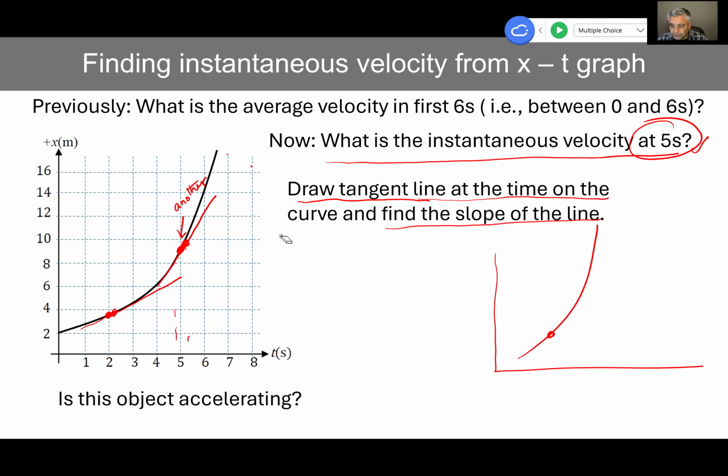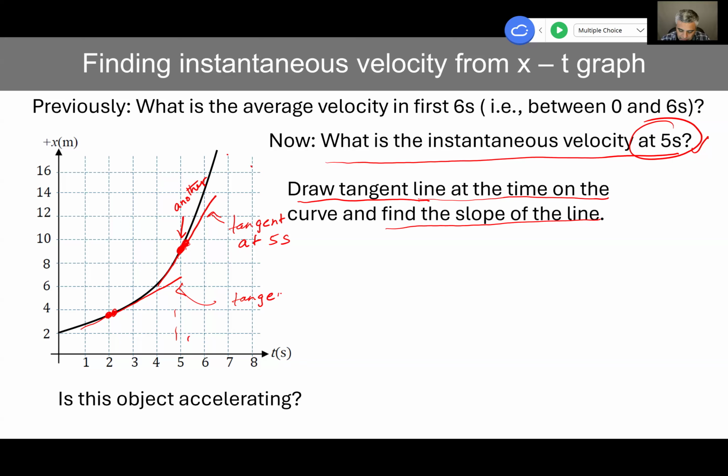Now, the tangent at 5 seconds, the tangent at 2 seconds. Now here is a question for you.